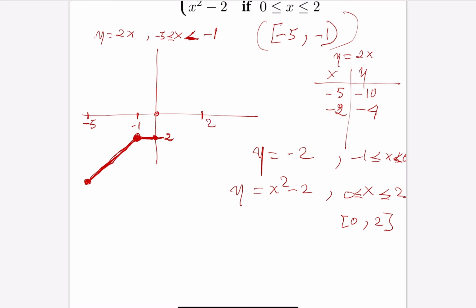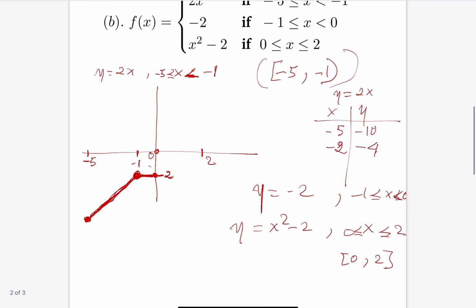You have 2 here and you have 0. From 0 to 2 is this one. And both are closed, because you have an equal sign here, and equal sign means closed. 0 is closed and 2 is closed.